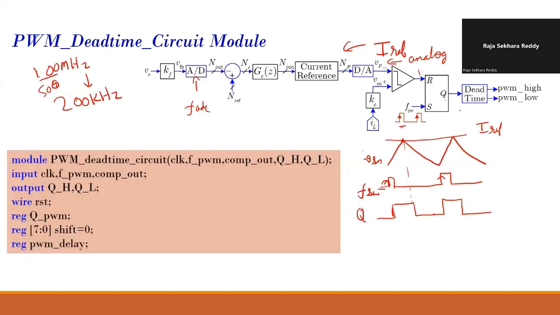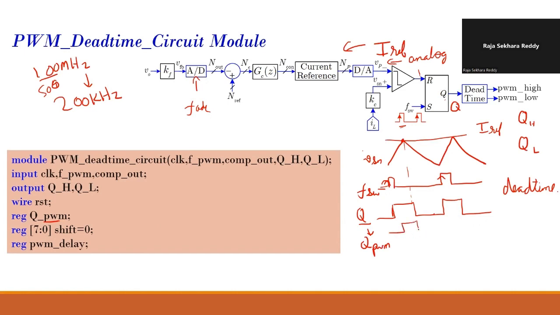So this is your Q signal. Then if you remember, last time we said we have to generate Q high side and Q low side, and we have to insert a suitable dead time. So this is your QPWM. Then you have to insert dead time and generate QH.